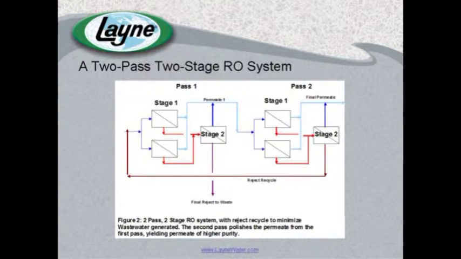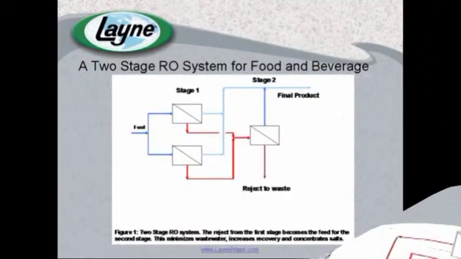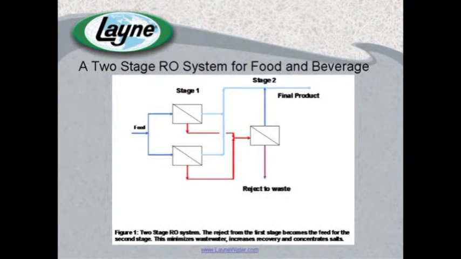You will add additional stages if you are trying to maximize the amount of processed liquid, could be water, could be whatever your process is treating. You're trying to maximize the overall recovery of that fluid. Or another way to look at it is you add stages to minimize the amount of water flowing to the waste treatment stream. So passes for purity, stages to minimize waste product production.